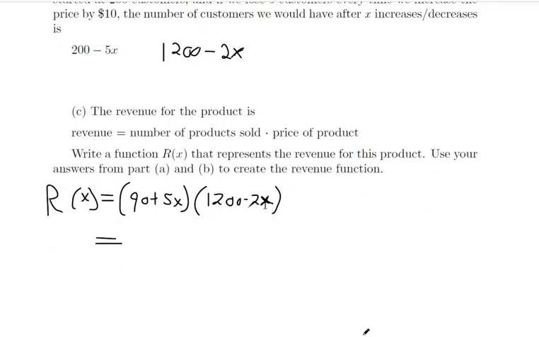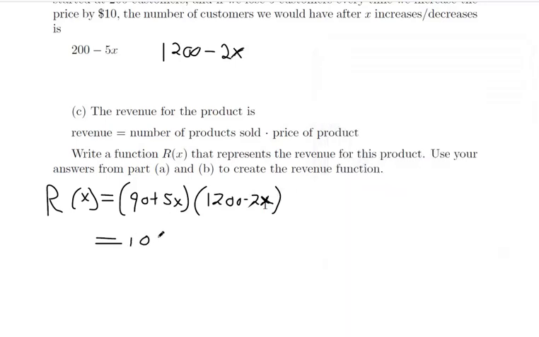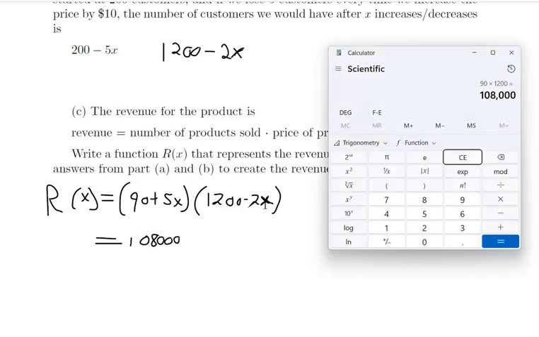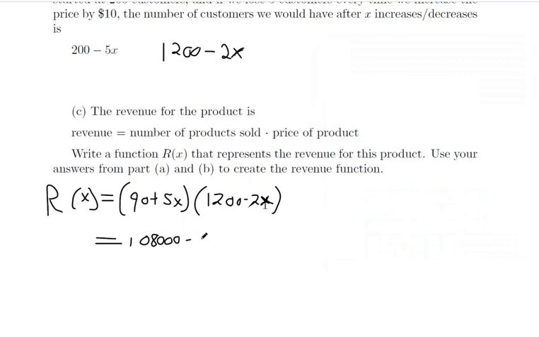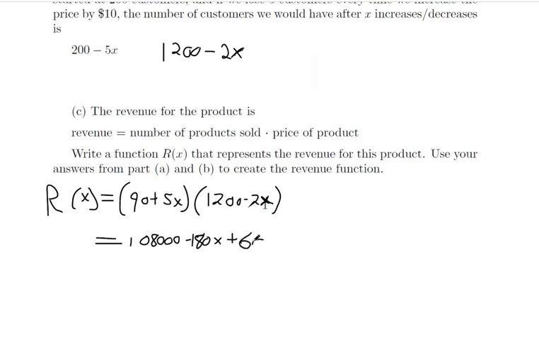You can expand this if you want. You don't have to, but you can multiply those two binomials together. That's 108,000. And then we got 90 times negative 2x, that makes negative 180x. And then over here, 5 times 1,200, that's 6,000x.